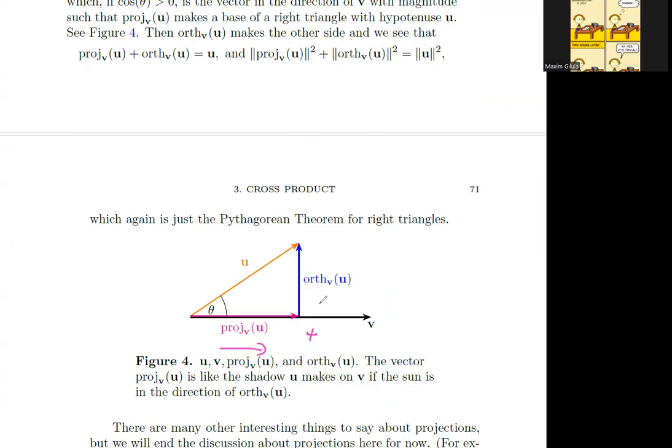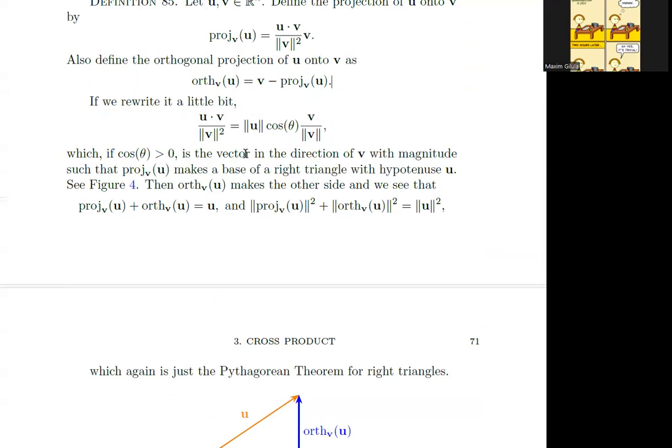So this plus this equals U. So it must be U minus projection. This is a typo. This should be U minus projection. Sorry. U minus projection. So the algebra works out. Here's what it says correctly. The projection plus this orthogonal projection equals U, not equals V.